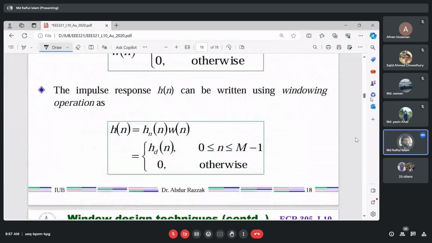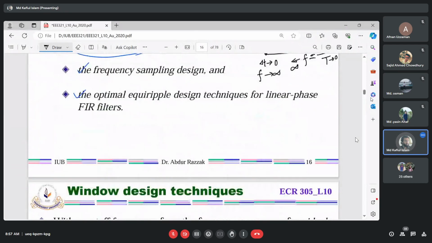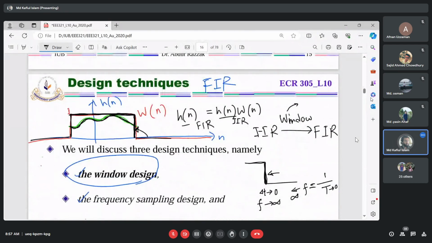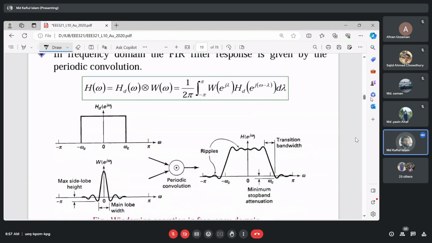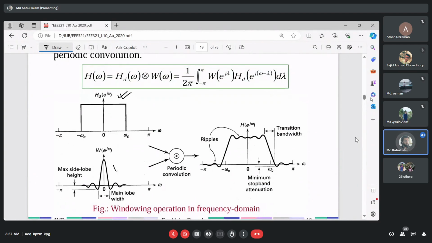What we have seen over here is the time domain. Remember, a rectangular window means we're talking about the window in time domain. This is how the shape looks for a rectangular window. But in frequency domain, this is our signal, and a rectangular window looks like a sinc function in frequency domain, if you remember your Fourier series.